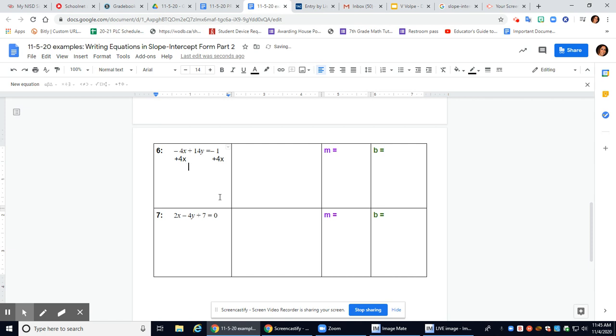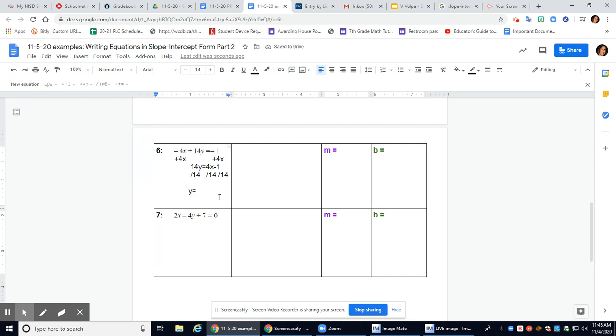Once I do that, I am left with 14y on the left equals 4x minus 1. So I still need to cancel out that 14 that's being multiplied. So I'm going to divide everything by 14. Divide each term by 14.